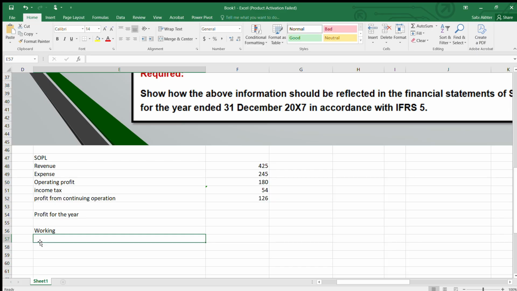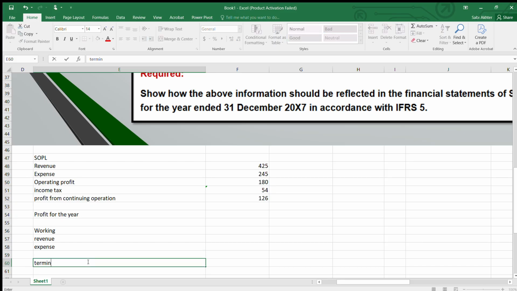Okay, this is for discontinued operation. Remember, in your statement of profit and loss, you will only write one figure, profit or loss from discontinued operation. The working will be done separately. So the revenue, the expense of division C, and the termination cost, and the loss on disposal.